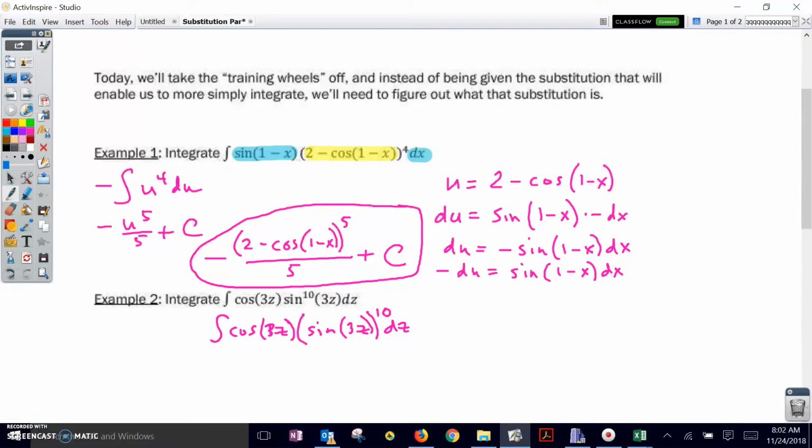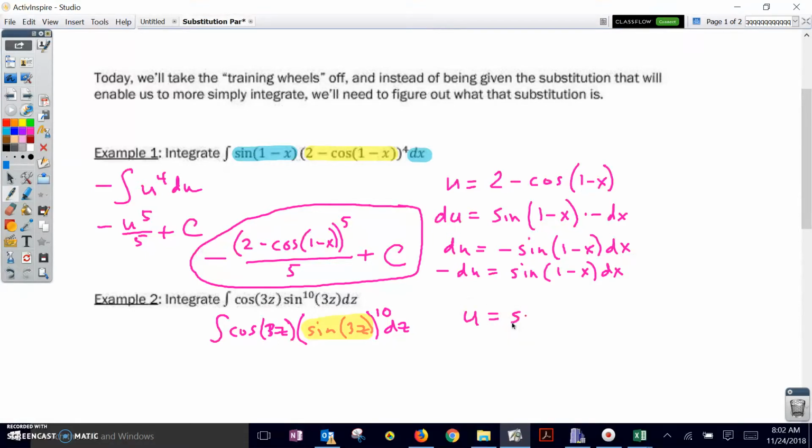Because that's really what happens when we see sine to the 10th of 3z. It's just the quantity sine of 3z raised to the 10th. And so for my substitution, I'm going to choose this quantity here that's being raised to the 10th power.